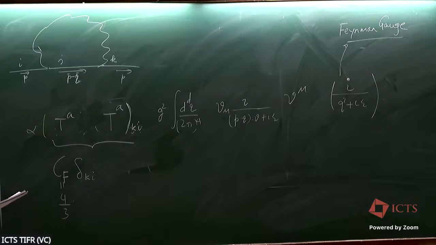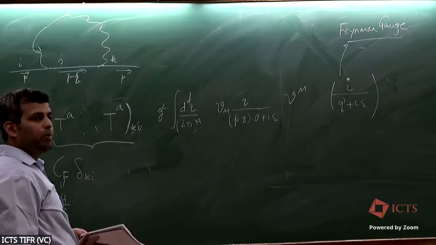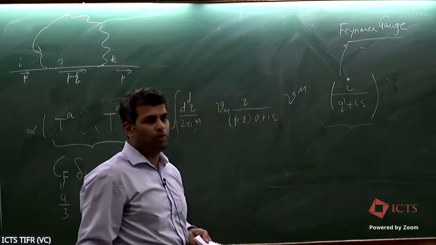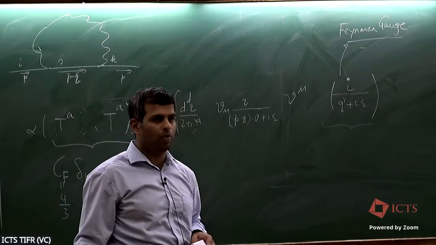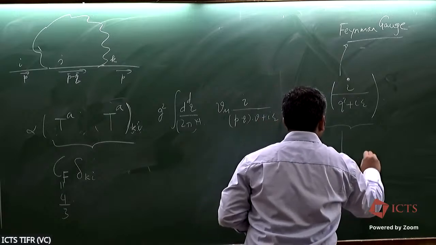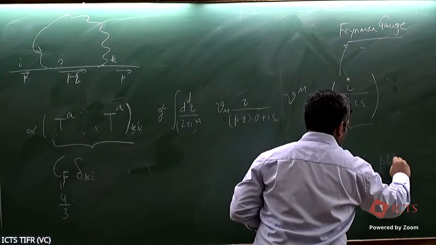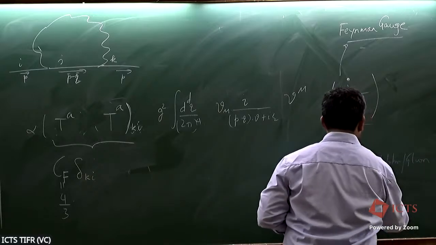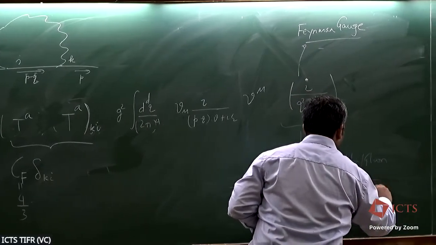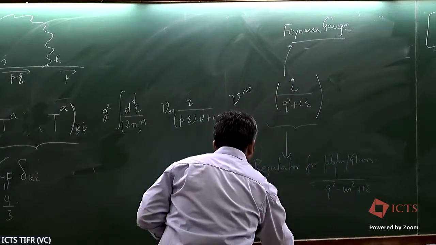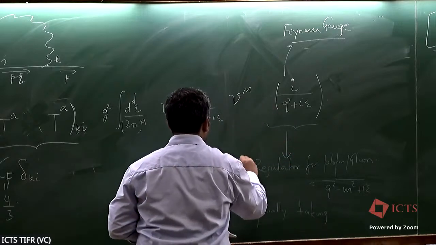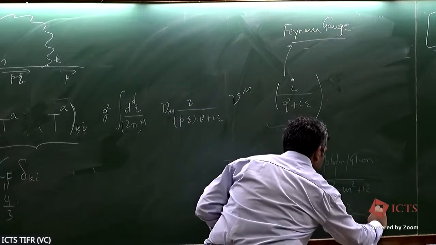So in order to extract the UV pole, let me use the trick that I will introduce an IR regulator for the photon slash gluon propagator, which is basically defining 1 by q squared minus m squared plus i epsilon naught, and finally taking the IR regulator m squared tending to 0.